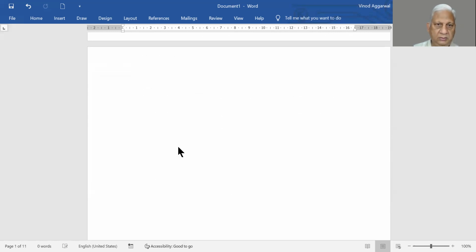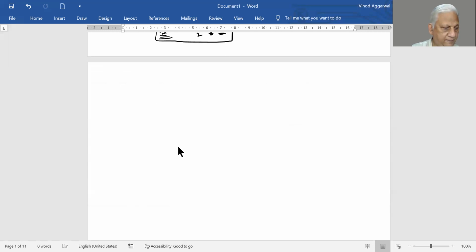Another interesting relationship is half m1 v1 RMS square is equal to half m2 v2 RMS square.